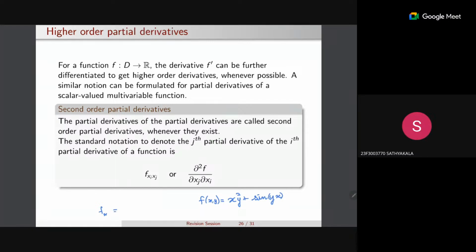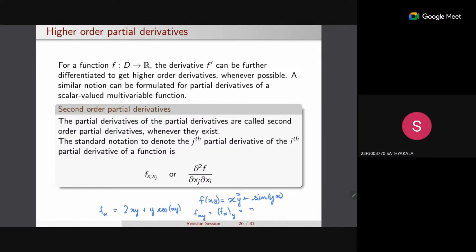This is just 2xy plus y cos xy. Correct. Now, this is a function of x and y. If I take the y derivative of this, that gives me fxy. So it is the y derivative of fx, which we write as fxy.